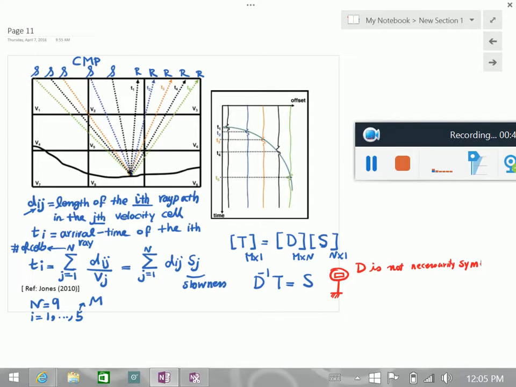Because it depends on which cell you're passing through. Exactly. Every ray goes through certain cells and doesn't go through most of the other cells. So you have a lot of zeros in this D. It's a very nasty matrix to deal with.